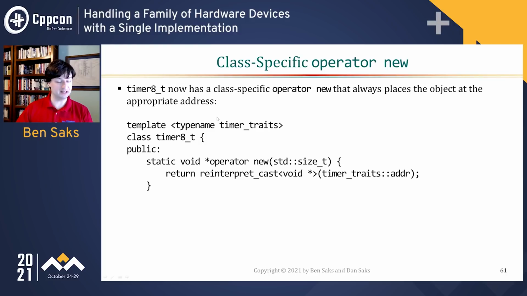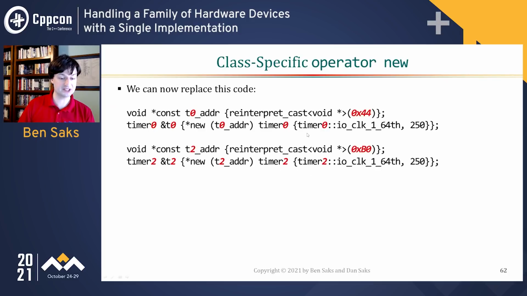And this is what I was getting into when I said back towards the beginning that the thing that I want you to take away from this is this technique of capturing the differences between these two things in traits.